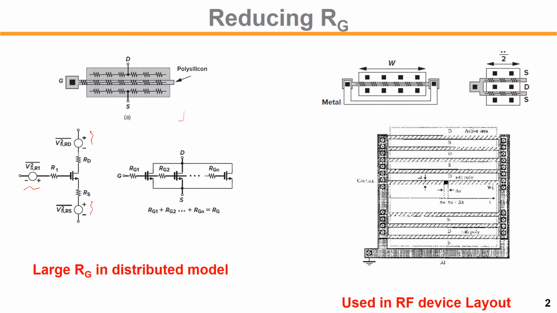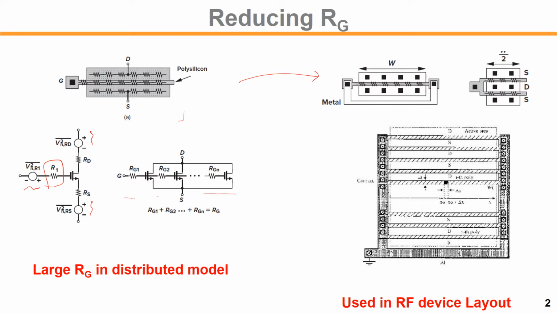One way to reduce the gate poly resistor is to draw it in parallel, like on the right-hand side. We split that transistor into two, for example using a two-finger device like that.